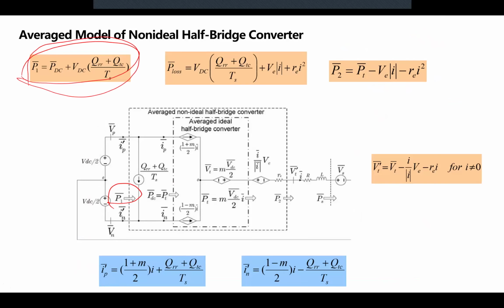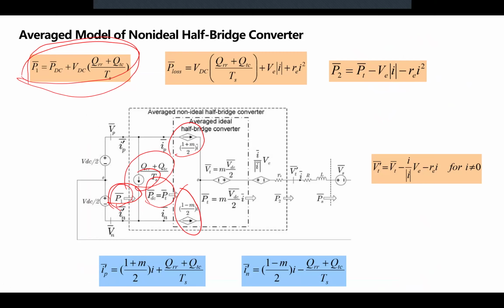Now, because of those voltage drops, as I told you, we have a little bit of leakage. Model them as a leakage, and then we get to our I positive and I negative. So the PDC that goes to the switches is P1 minus that leakage.